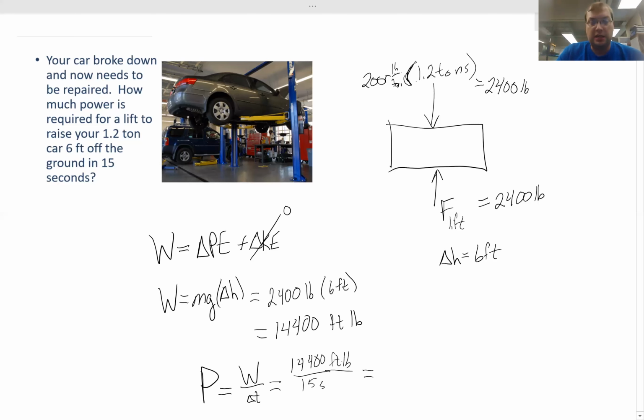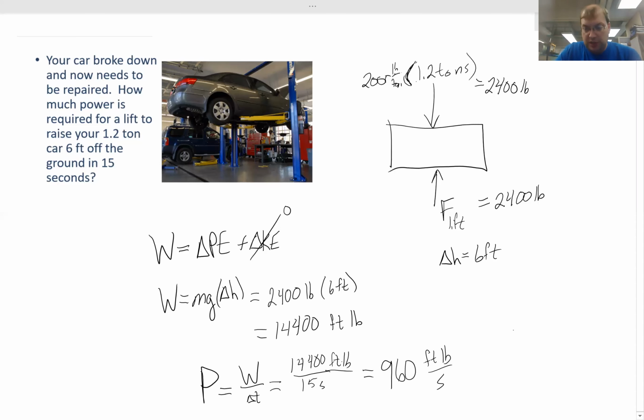So in this case, 144 divided by 15 gives us 9.6. Multiply by the double zero, and we get 960 foot-pounds per second. So we know that the power as a result is 960 foot-pounds per second.